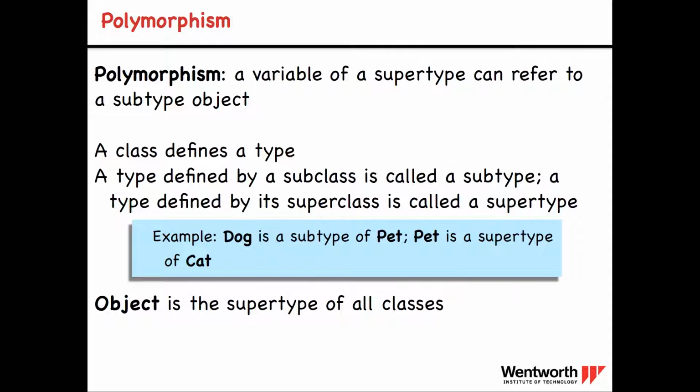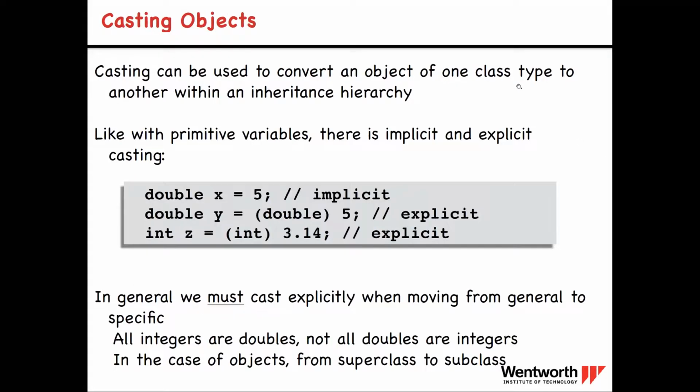So Dog is a subtype of Pet, right? A dog is a pet. And Pet is a supertype of Cat. Object, I mentioned this briefly last time. Object is the supertype of all classes. So I want you to keep this subtype, supertype idea in mind.